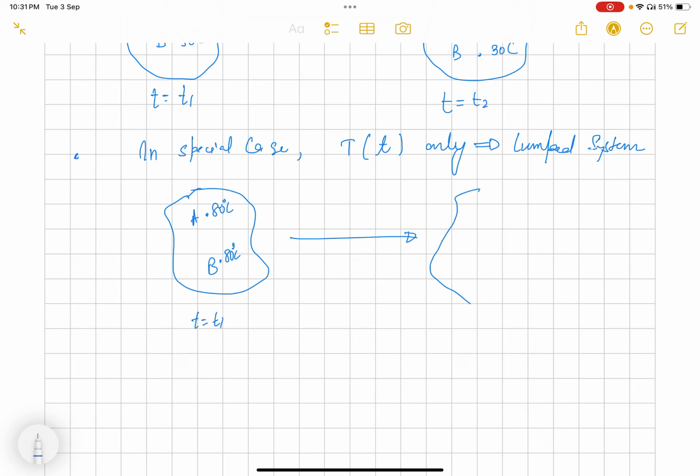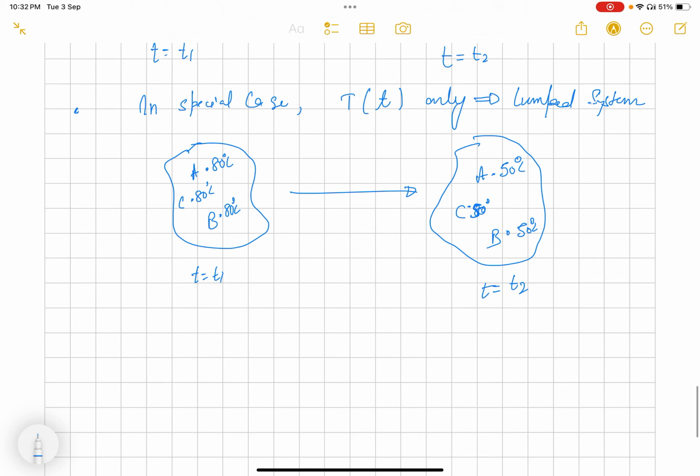After some time, the same points A and B and all such points, let's say 80 degrees Celsius, and all such points have attained some temperature at another time.